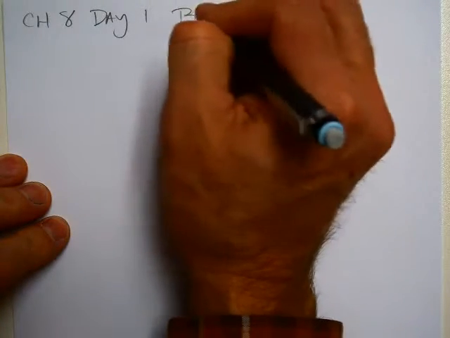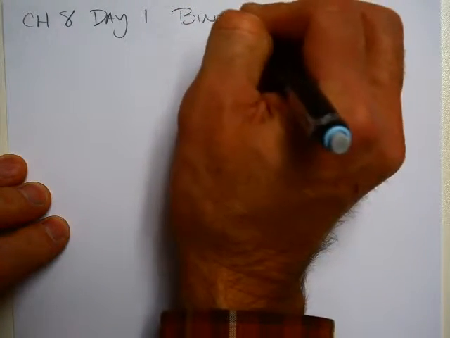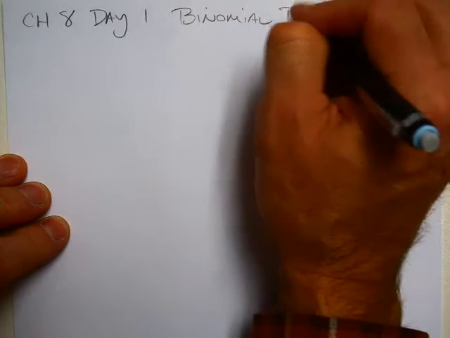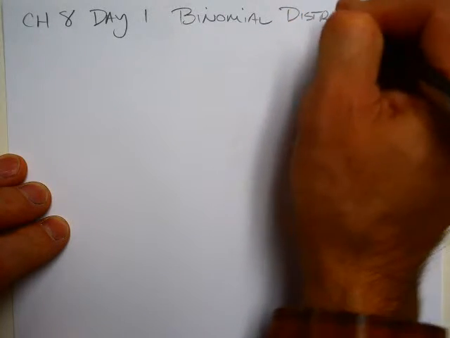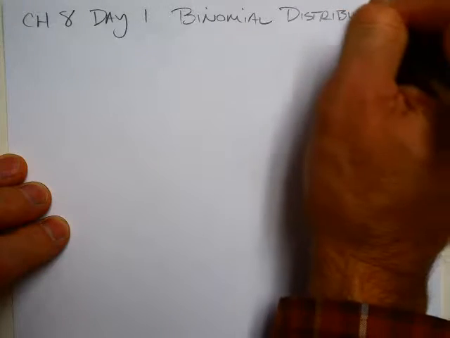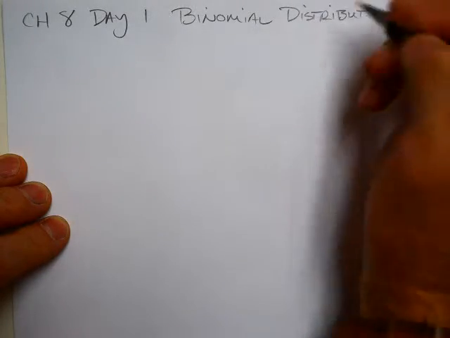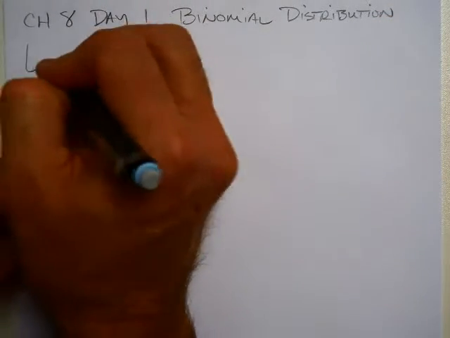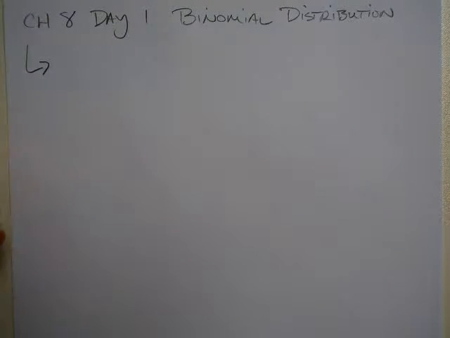Binomial distribution. For binomial distribution, there are 4 conditions that we have to meet.